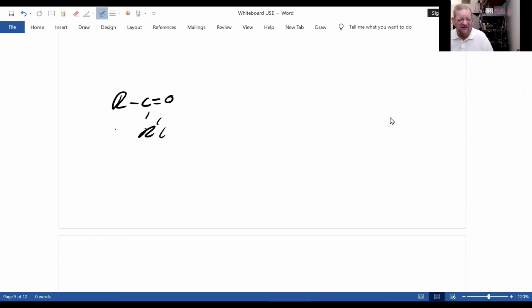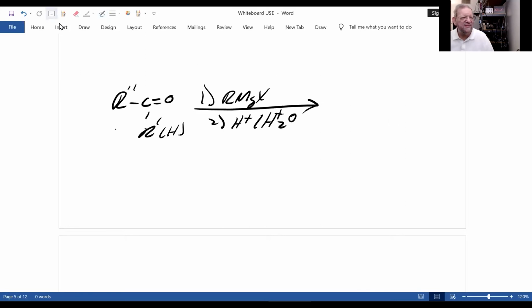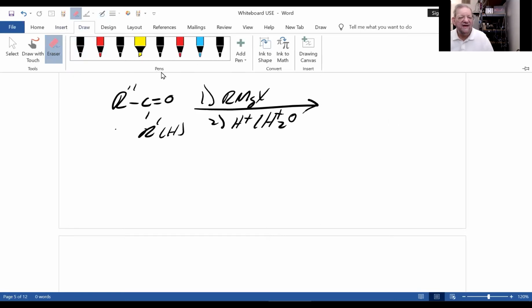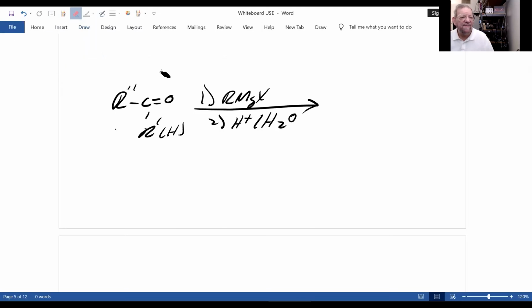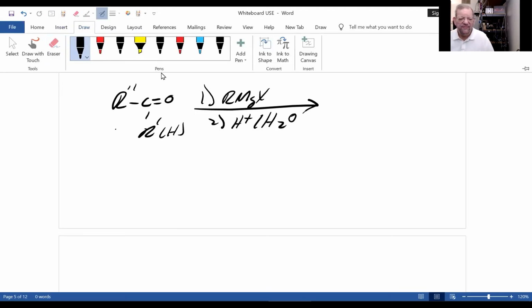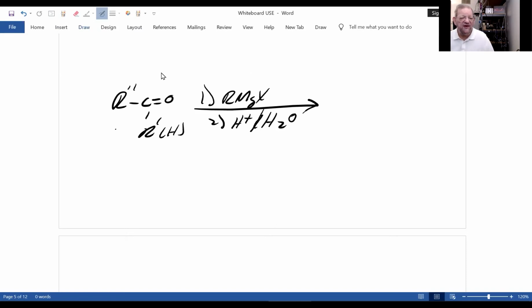Making the Grignard reagent, students never have trouble reacting it with... Remember, this is a two-step reaction. First step, add this. Oh, it's a Grignard. Remember, X can be chlorine, bromine, or iodine.